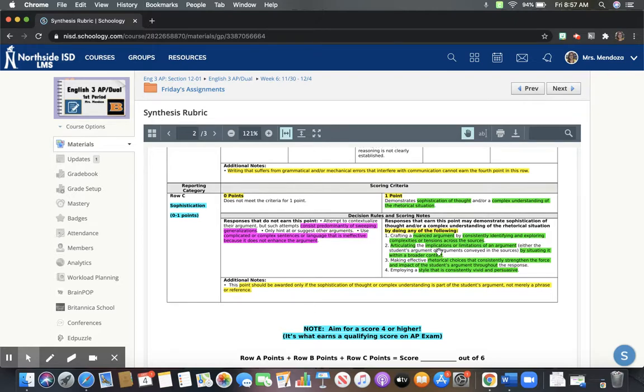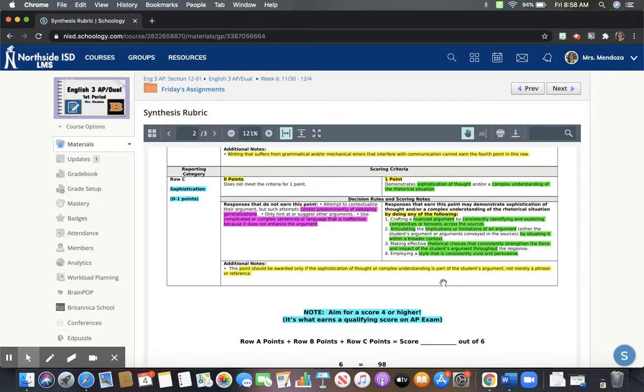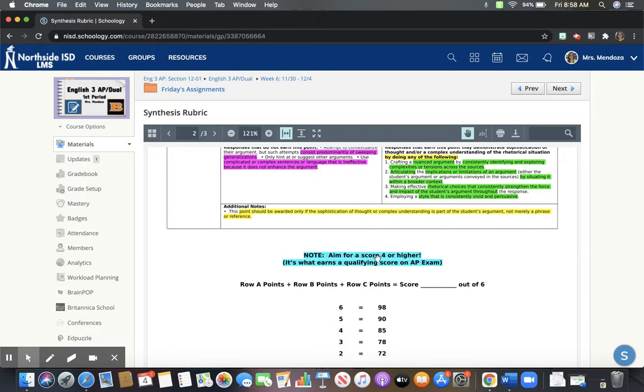And then here, articulating the implications or limitations of an argument by situating it within a broader context. And that will always be part of the sophistication when you're noticing these bigger global kind of points within your own personal argument. So again, always try to aim for a 4 or higher, which earns the qualifying score in the exam.